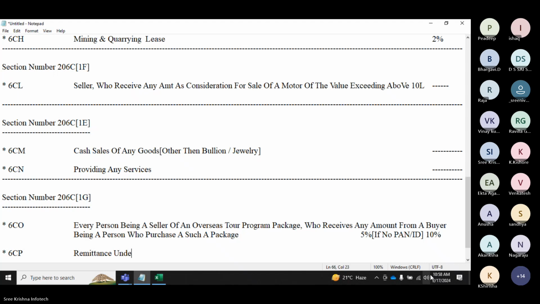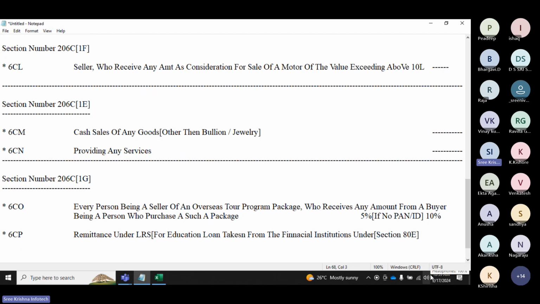Remittance under LRS for educational loan taken from the financial institutions under banks under section 80E. దీంట్లో మళ్ళీ వేరియేషన్స్ ఉంటాయి. జస్ట్ ఐఎమ్ గివింగ్ ఇన్ ద వేరియేషన్స్. ఇక్కడ నేను నోట్ అని రాస్తున్నా చూడండి.